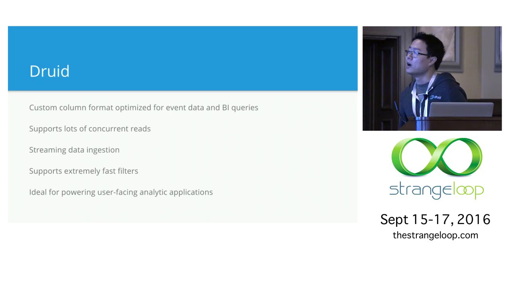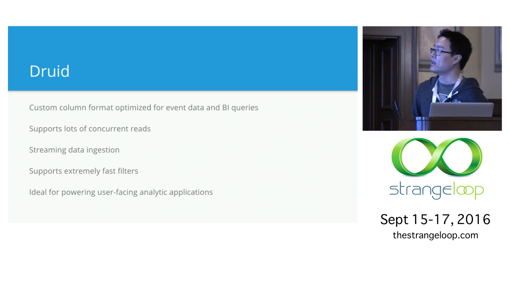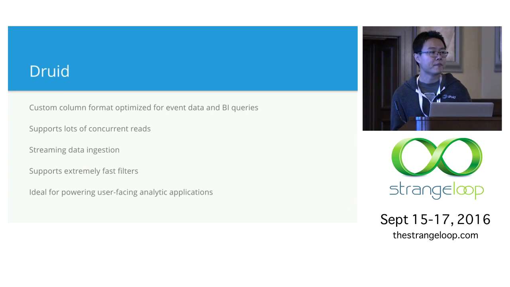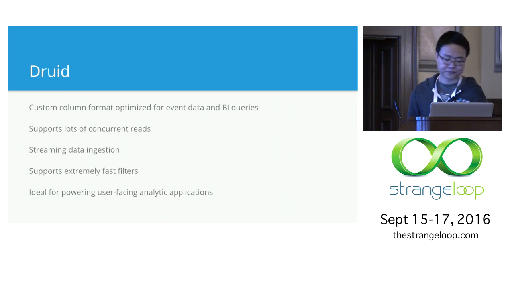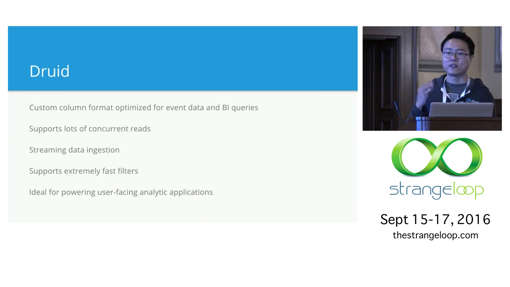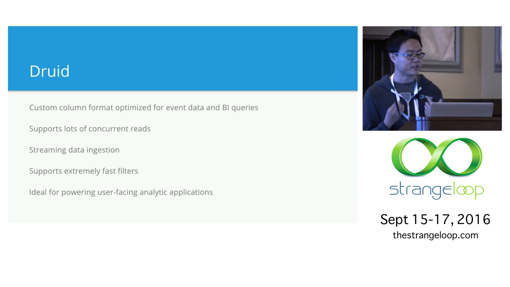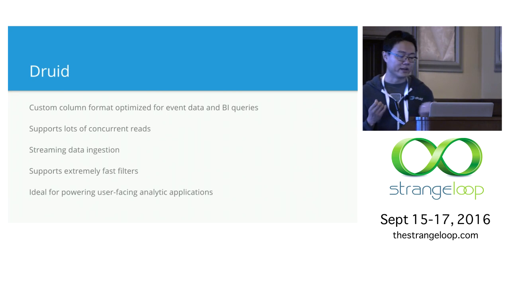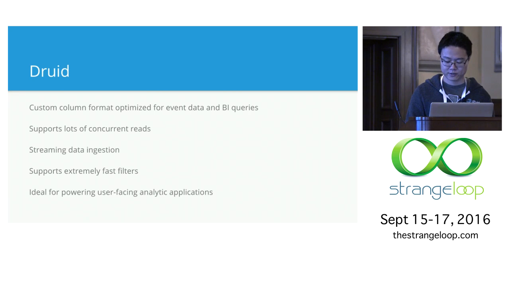So Druid, I guess its key properties: it has a custom column format that's very optimized for event data and these OLAP BI queries. It's very good for supporting a lot of concurrent reads. It supports streaming low latency data ingestion. It supports extremely fast filters. And when you take these properties together, I think you have a system that's very good for powering user-facing analytic applications.